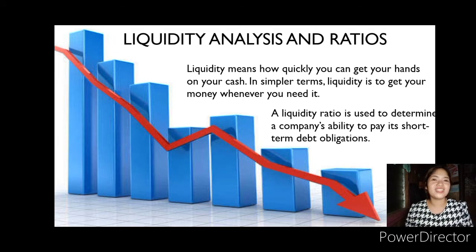Liquidity ratio analysis helps in measuring the short-term solvency of a business. This means it helps in measuring a company's ability to meet its short-term obligation. Thus, liquidity suggests how quickly assets of a company get converted into cash.